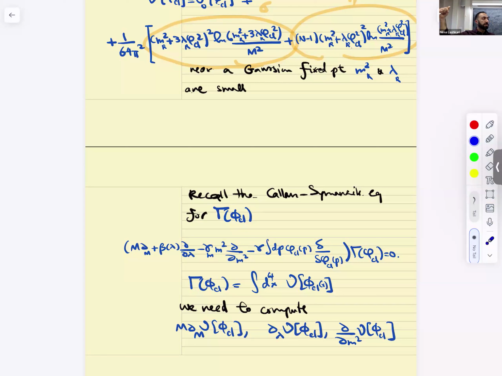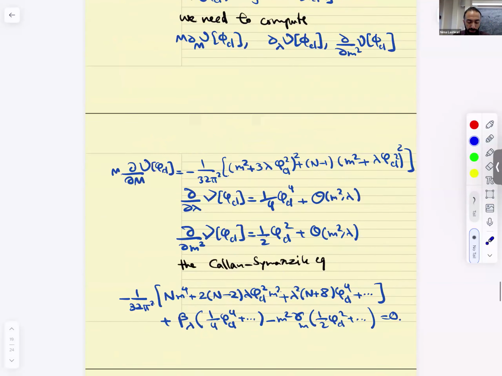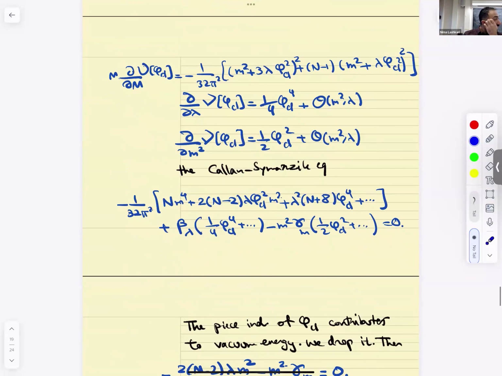Right, let's pause for a bit so that it sinks in. Ooh, I'm running really behind. Let's not pause. Okay, so you take these derivatives, these are what you get. There's phi classical 4, phi classical 2, you plug them back in. This is the equation that you have.